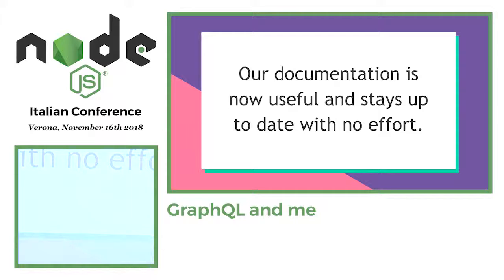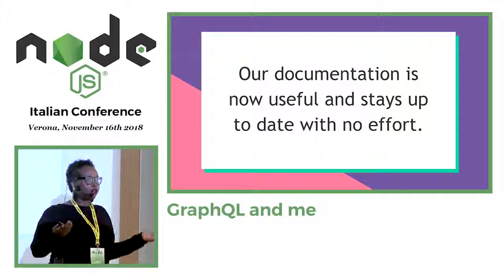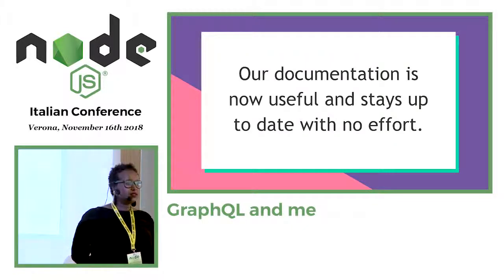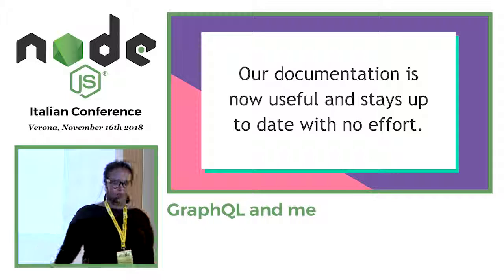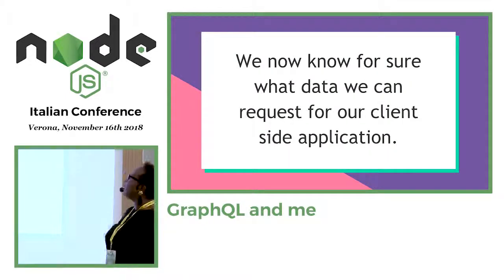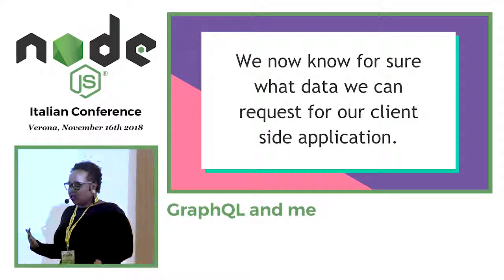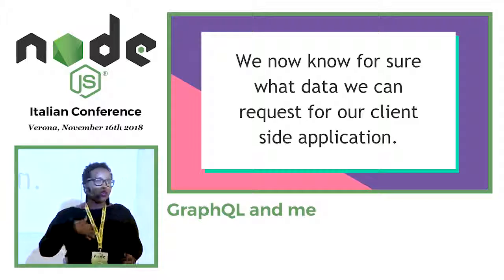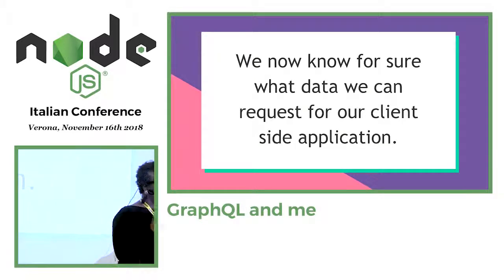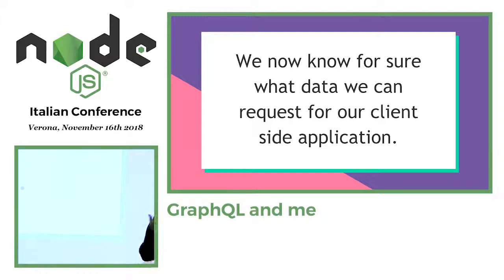So now, our documentation is actually useful, and it stays up to date with no effort. If we change our schema, our documentation stays up to date. We now know what data we can get from our client side, so we can use our data much more usefully.